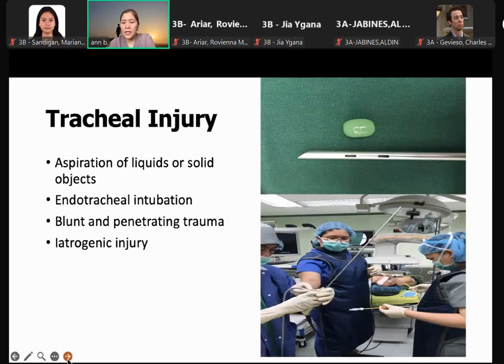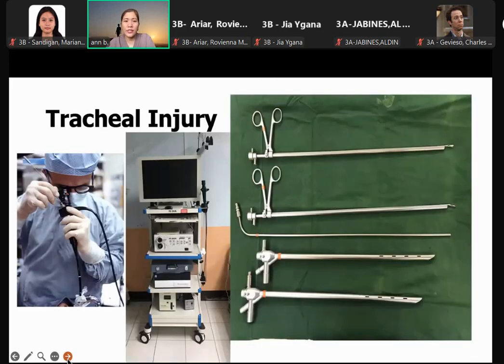Other causes include aspiration of liquids or solid objects, especially in suicidal patients. We also have endotracheal injury from intubation, from the cuffs of the ET tube or the tracheostomy tubes. We have blunt and penetrating trauma and also iatrogenic injury, which is mostly from post-op or intra-op injuries with other major surgeries.